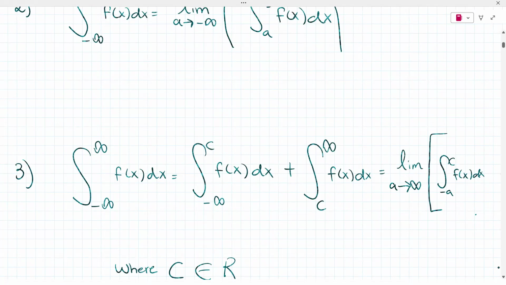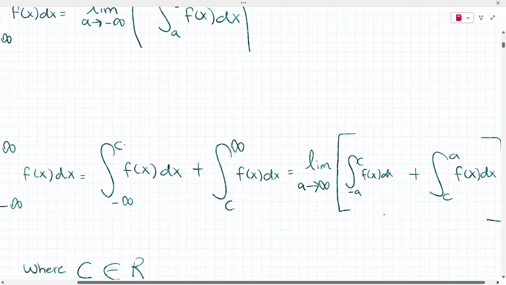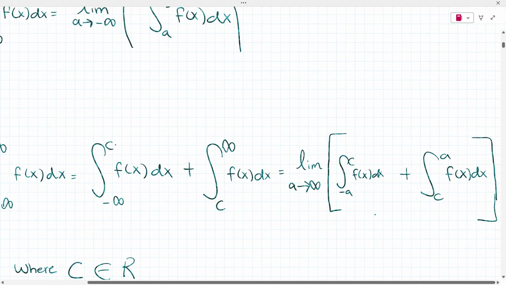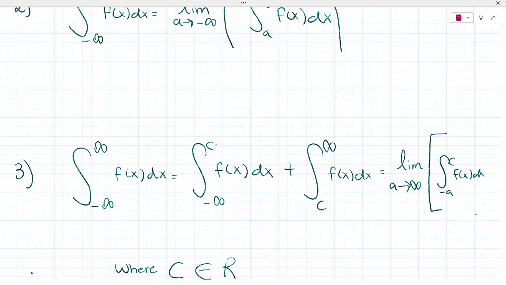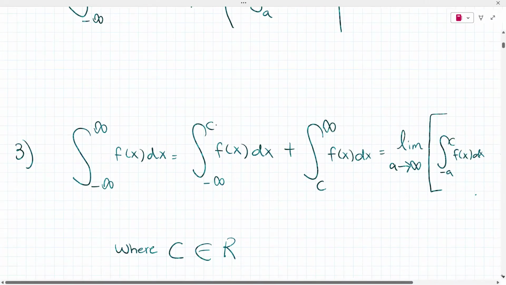Your first integral will be from negative infinity to c, a real number, of f of x dx, plus the integral from that same real number c to infinity of f of x dx. That equals the limit as a approaches infinity of the integral from negative a to c of f of x dx plus the integral from c to a of f of x dx. So just write it down, I will explain. Where c is any real number.